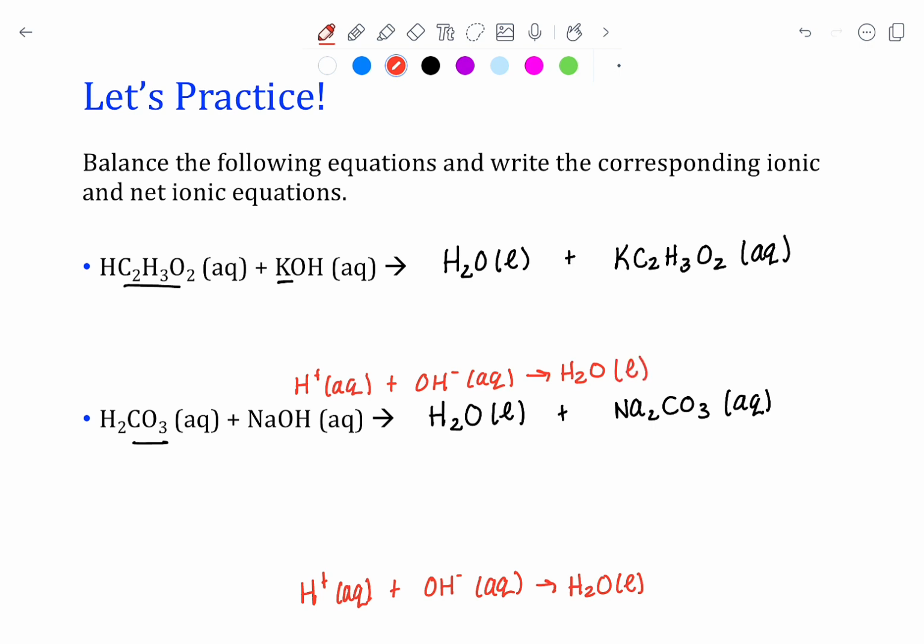Okay, that's an L. I draw my L's as curvy L's so that you can easily tell that they're an L and not a 1. So we know our net ionic equation. That's a given for these types of reactions.